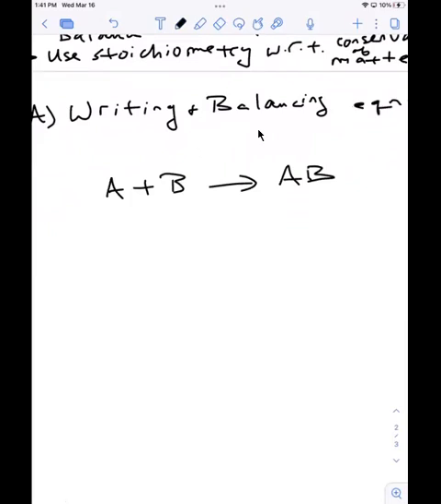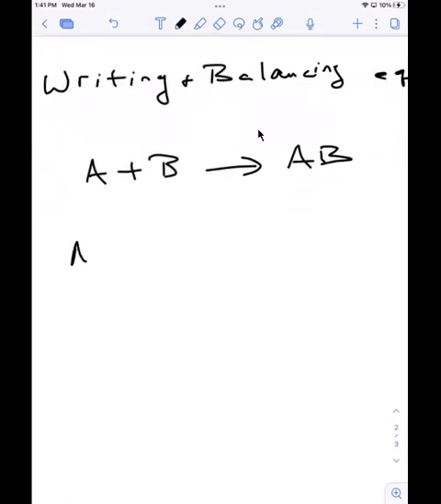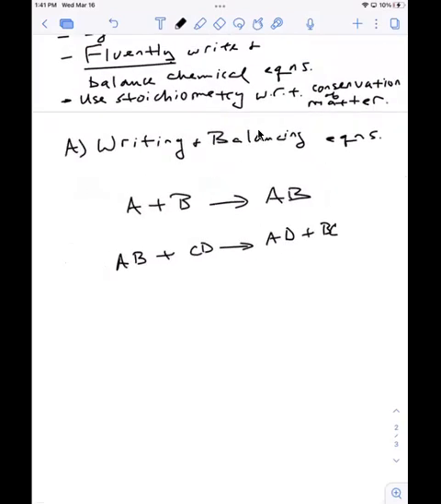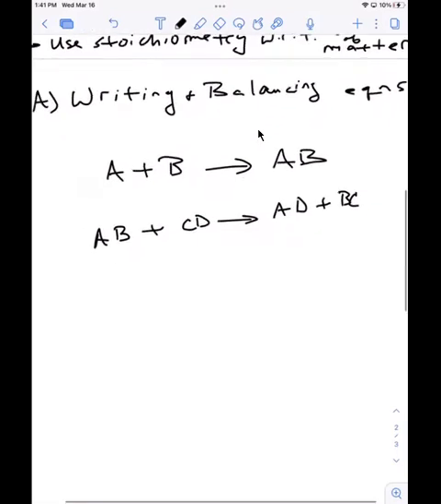We can also think about if we take AB plus CD, and these are two compounds, and on the other side of the equation, they end up swapping partners. That's another type of reaction. So this is what we call a chemical equation.